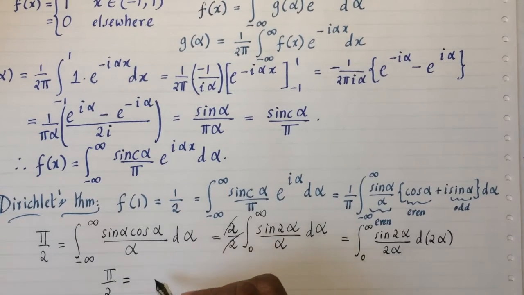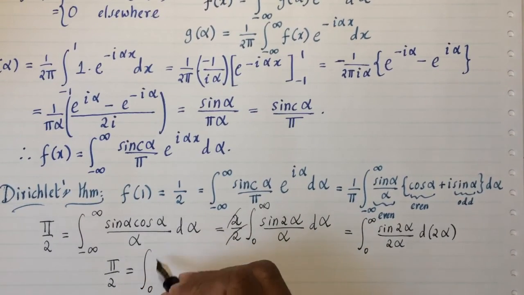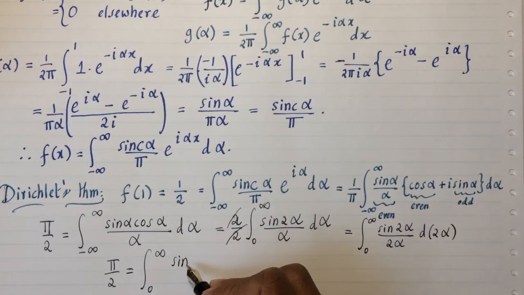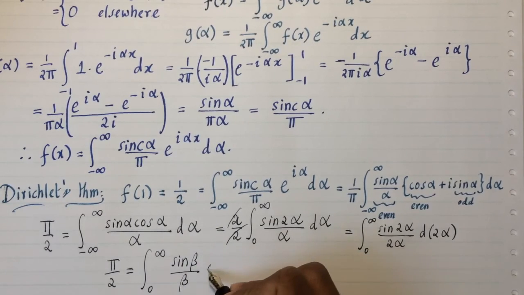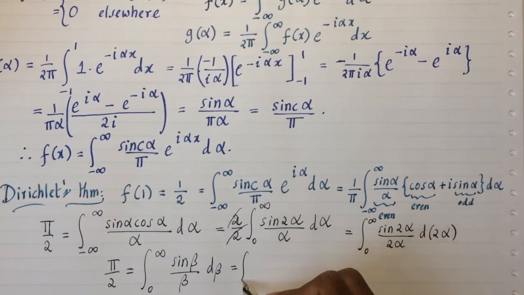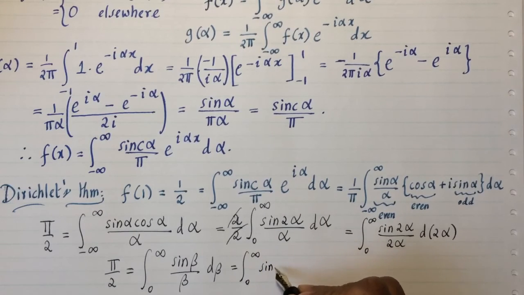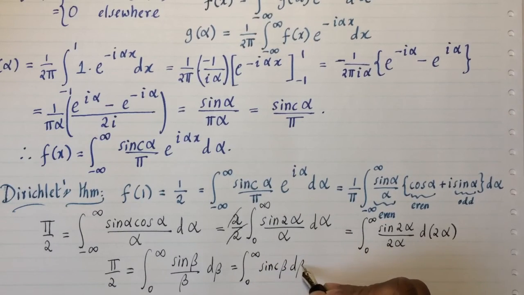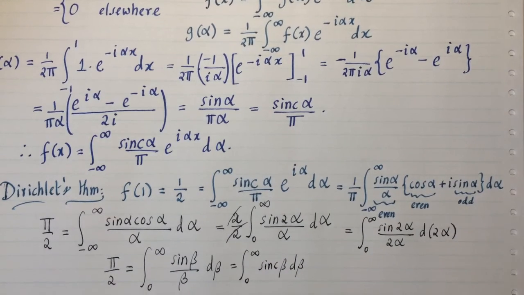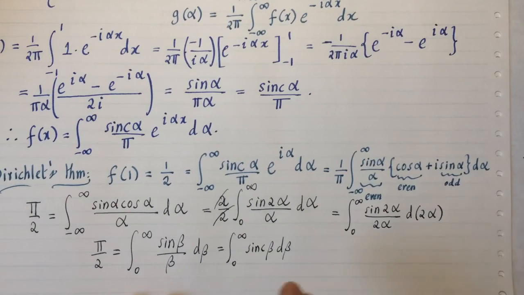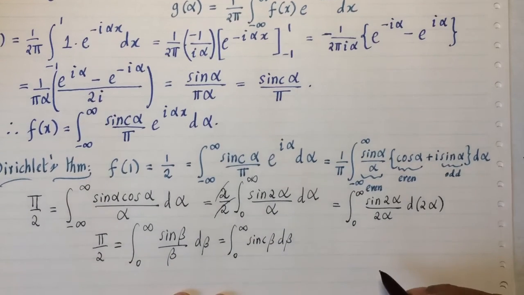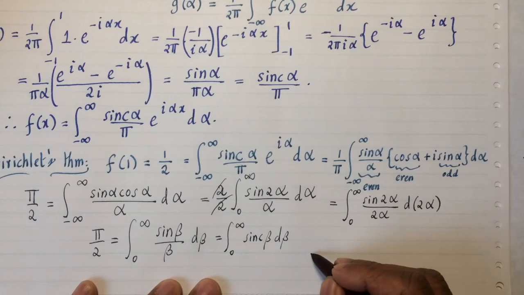So pi over 2 is going to be the integral from 0 to infinity of sine beta over beta d beta, which is the integral from 0 to infinity of sinc beta d beta. So we have found our important result, that the integral from 0 to infinity of sinc beta d beta is pi over 2.